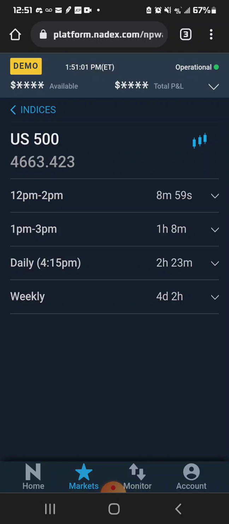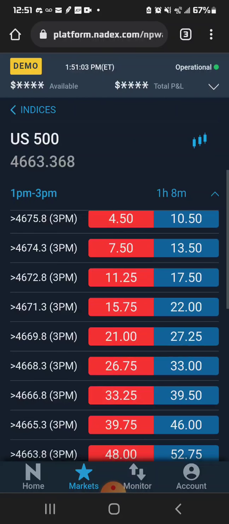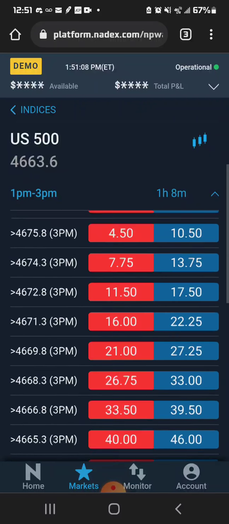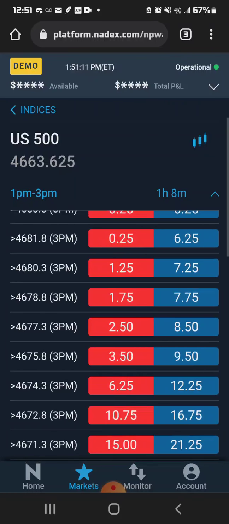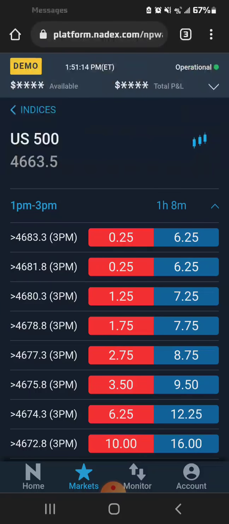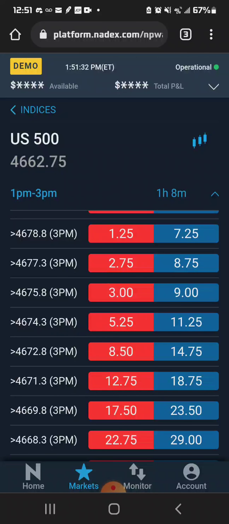And here's why that's important: right now price is 46.63, and if I go 20 points higher to 46.83, then I can get in for cheap because the prices are out of the money. Now, they're not normally this low, because you have a different volume of people in during the morning than you have right now. So some people will want more for their contracts or less for their contracts. Different factors come into play.